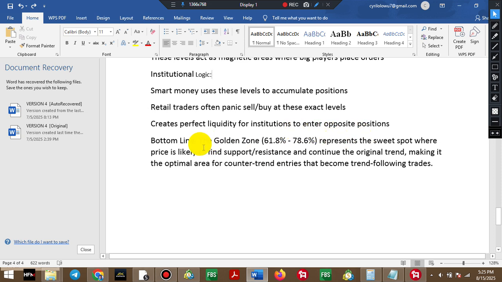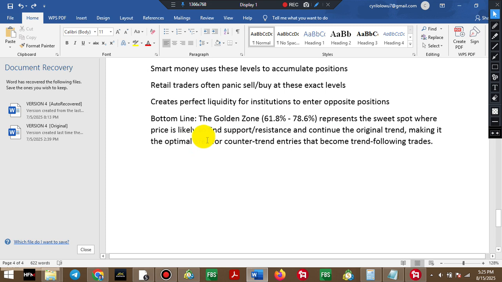Bottom line: the golden zone, 61.8 to 78.6%, represents the sweet spot where price is likely to find support or resistance and then continue the original trend, making it the optimal area for counter-trend entries that become trend-following trades.